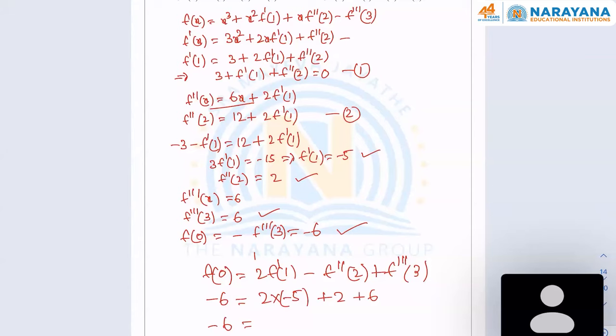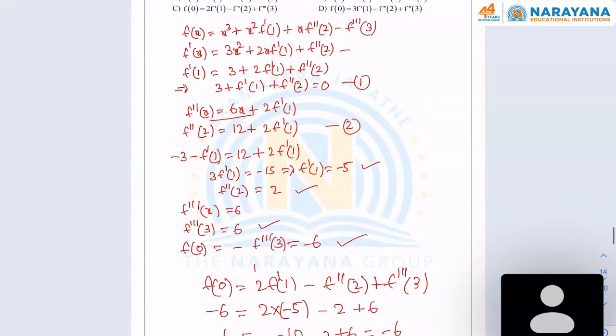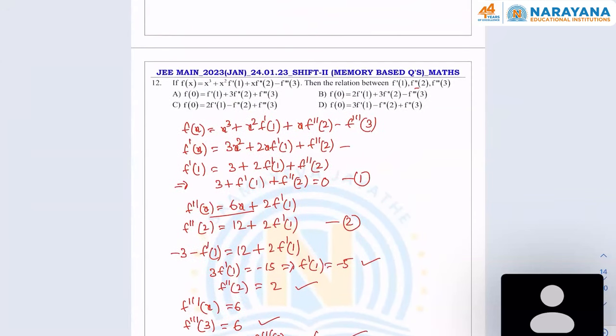Plus 6 we have. And here we have 2 into minus 5, which is equal to minus 10. f double dash 2 is equal to 2, right? So here you will get minus 2. So minus 10 minus 2 plus 6, which is equal to minus 6. So both are equal. So option C is correct. f of 0 is equal to 2 into f dash 1 minus f double dash 2 plus f triple dash 3.